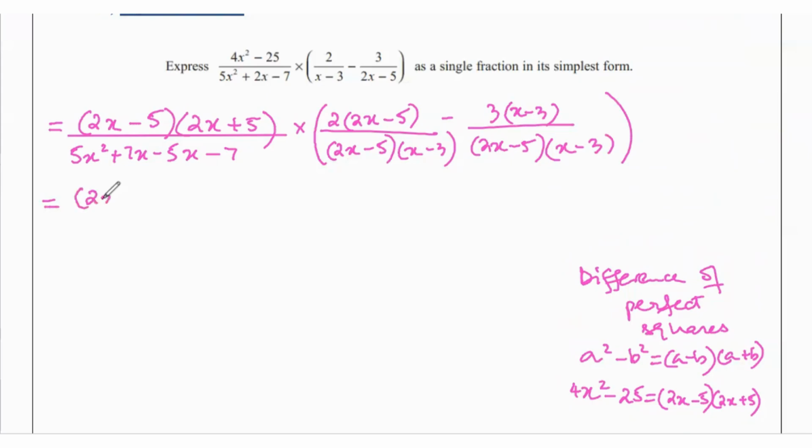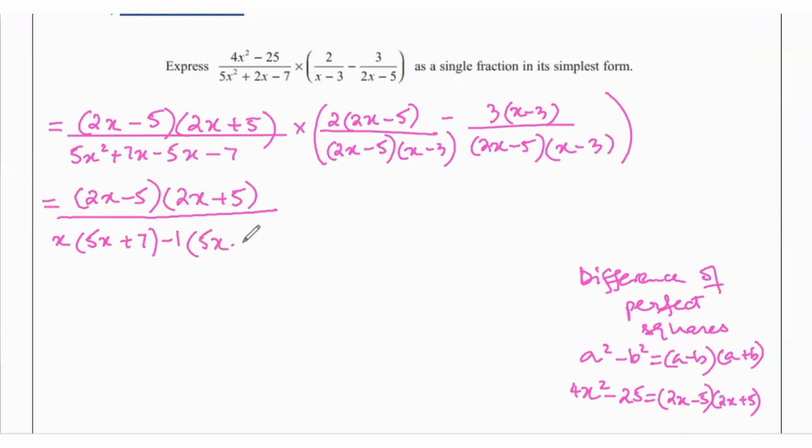So 2x minus 5 times 2x plus 5 over, between 5x squared and 7x we have x common, so 5x plus 7, and between 5x and 7 over here we have negative 1 common, so again 5x plus 7 comes in the bracket. And over here we expand the bracket, so that's 4x minus 10 minus 3x plus 9.